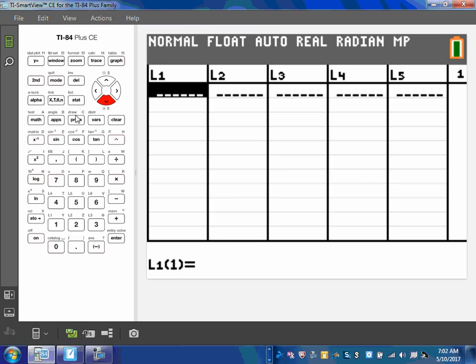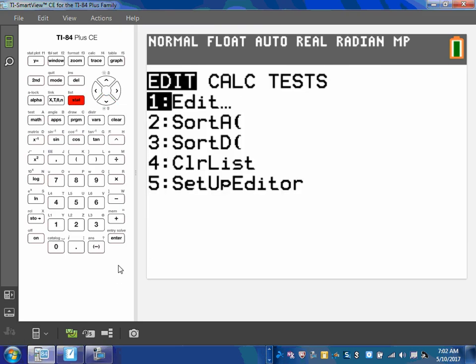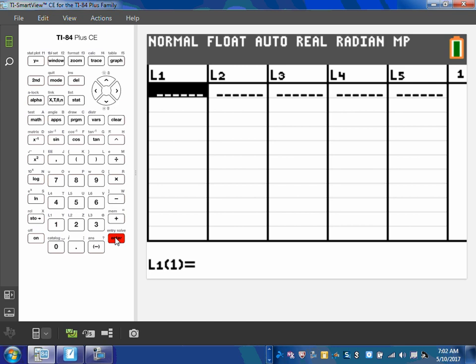So let's go into our calculator and let's hit Stat, Edit. We're going to enter our data into list 1 and 2.